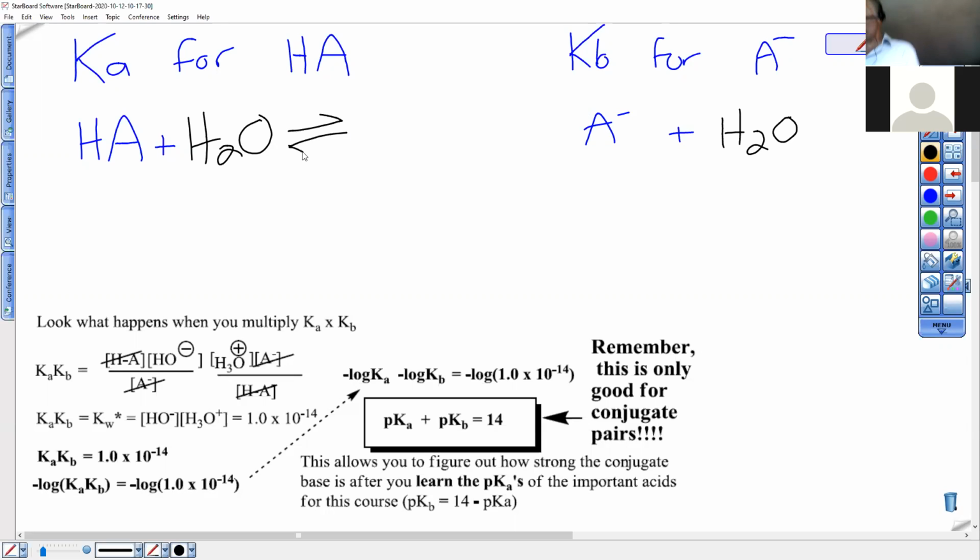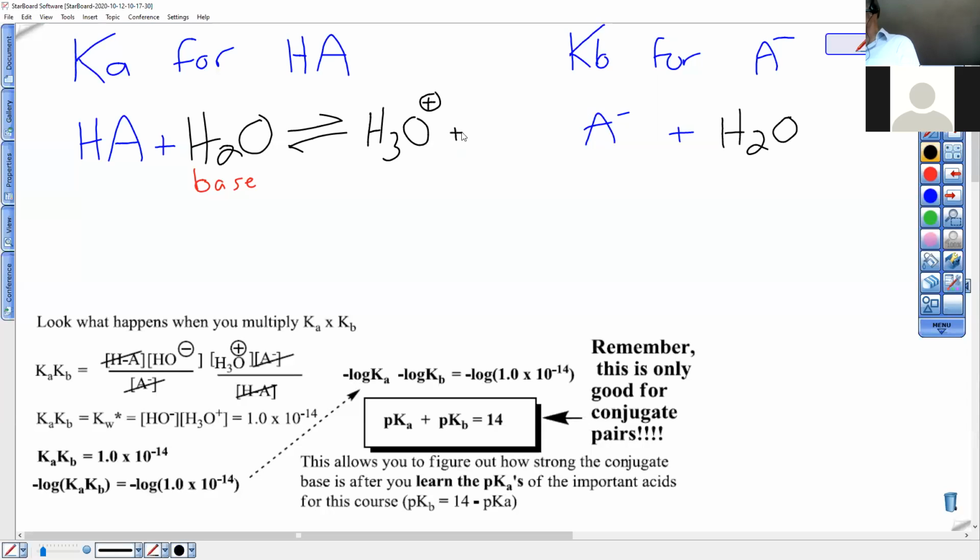Well, acids are proton donors. Water will be accepting the proton, so water's acting like a base. It will take on an extra proton, so water will become H3O plus.